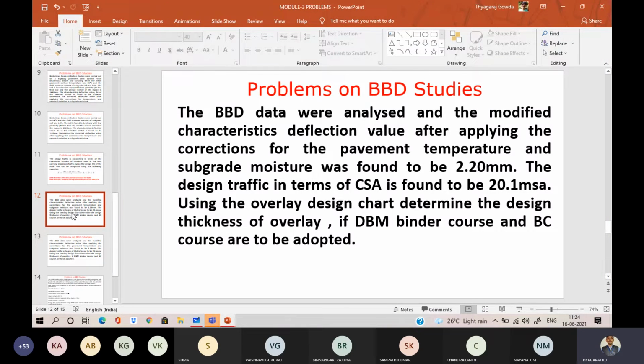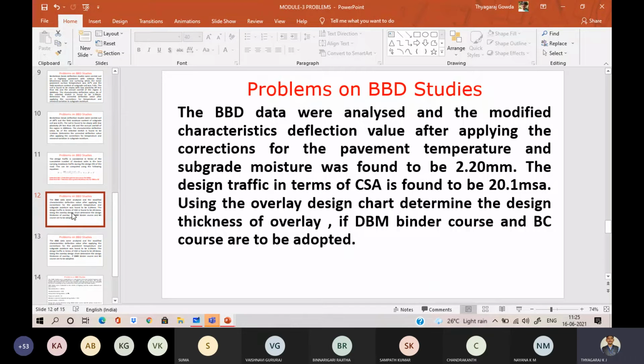The BBD data were analyzed and the modified characteristic deflection value after applying the correction for pavement temperature and subgrade moisture was found to be 2.20 mm. The design traffic in terms of cumulative standard axles is found to be 20.1 MSA.